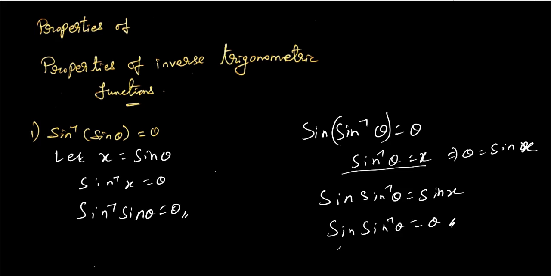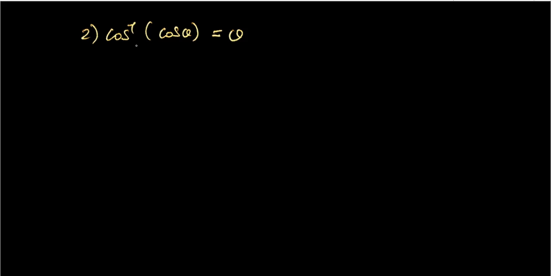In the same way, cos inverse of cos theta equal to theta, and this is also possible. Cos of cos inverse of theta equal to theta. So this bracket we can take as x. So let x be equal to cos theta.